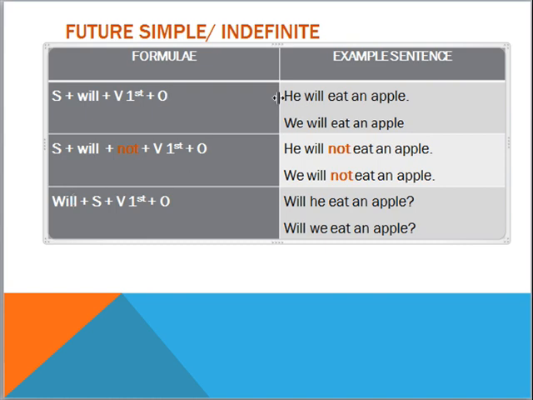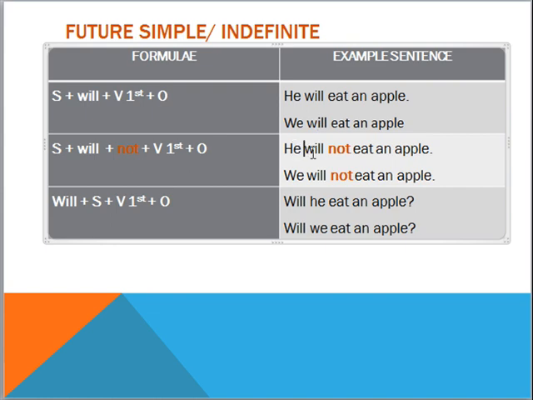An example sentence is: he will eat an apple, or we will eat an apple. I'm not going to discuss shall here because normally it is considered right in American English. To make things easier for students to understand, I'm discussing only will.